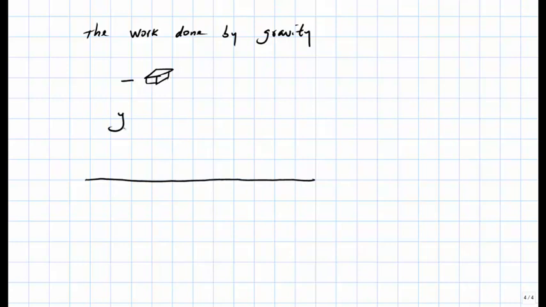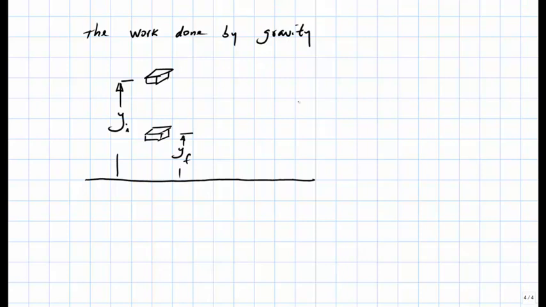That elevation will be denoted as y initial. Sometime later, let's imagine that the object descends to a lower elevation, and we'll designate that elevation as y final. The question now is how much work was done by gravity?